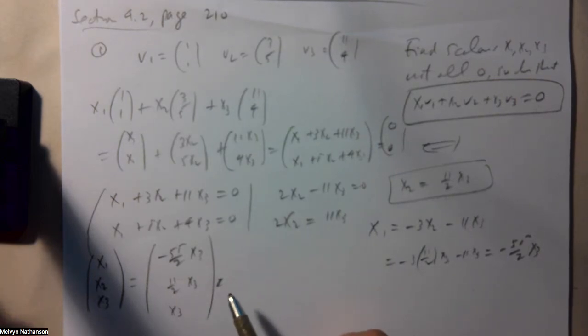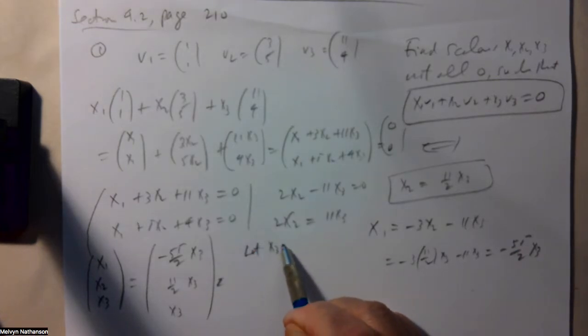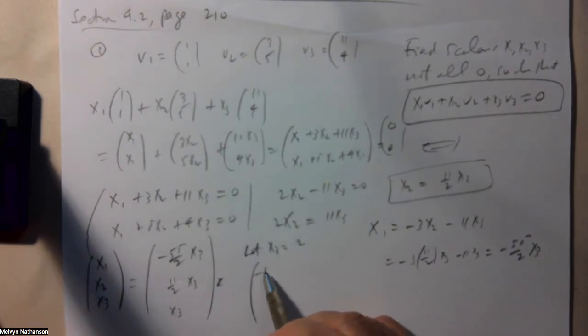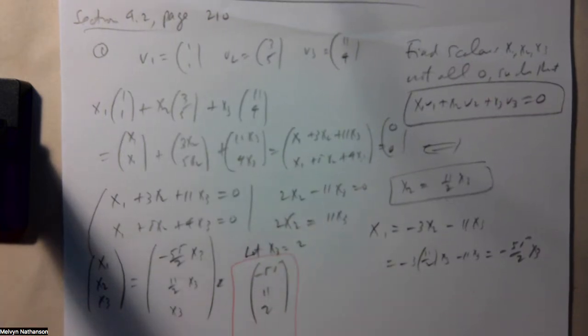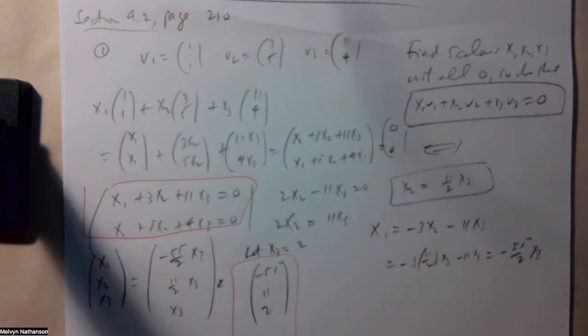So for example, just to get rid of fractions, suppose we let x3 equal 2. Then we get a solution minus 55, 11, 2. Does that work? Let's check. This is supposed to be a solution of this system of equations.